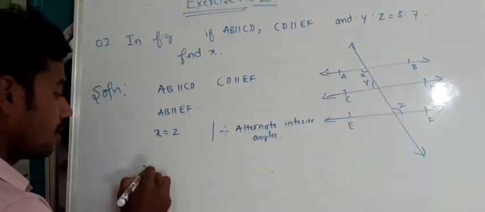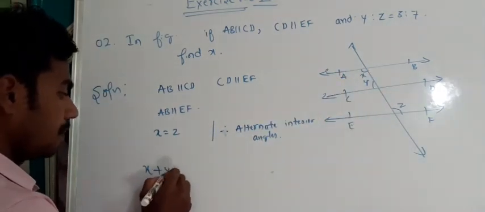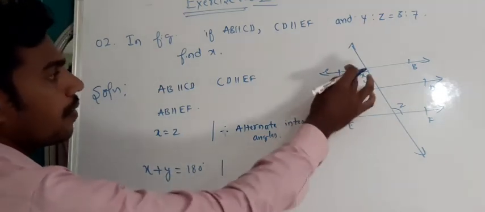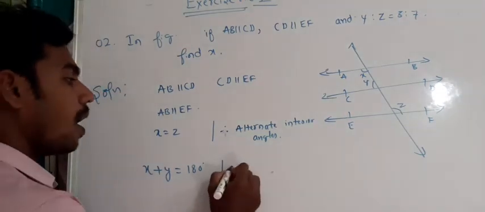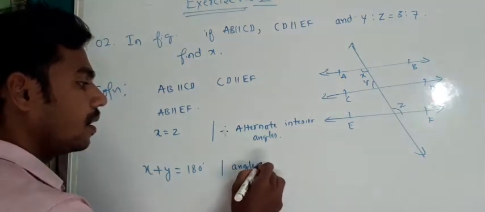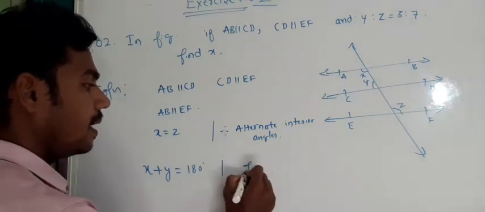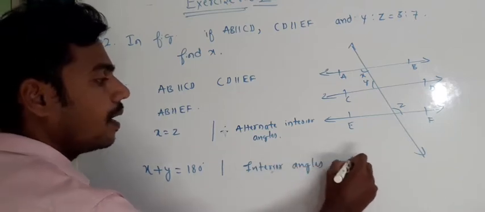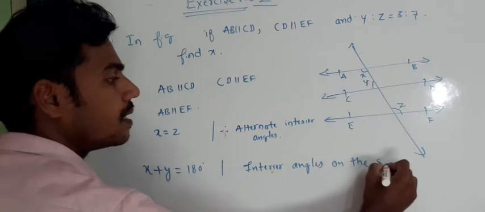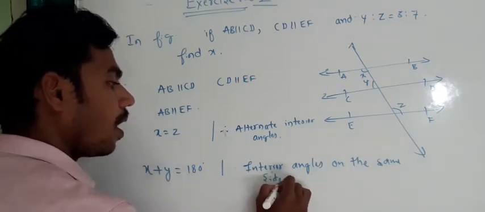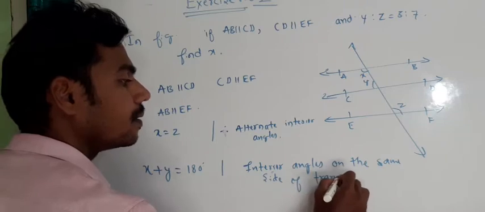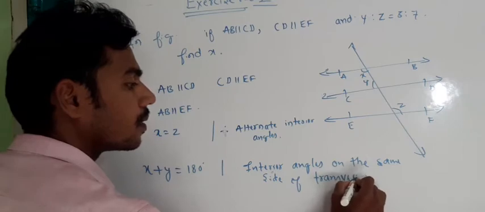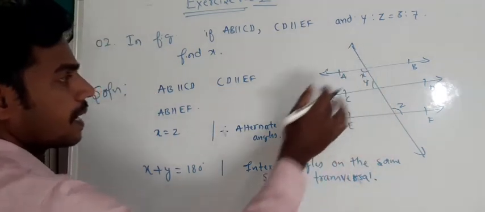Angle x plus angle y is equal to 180. Why? Because angles on the interior, angles on the same side of the transversal, they will be supplementary.